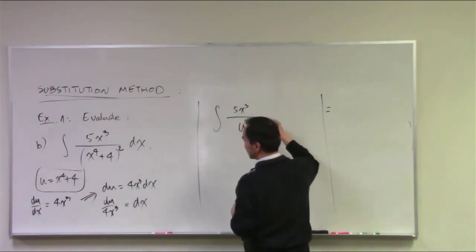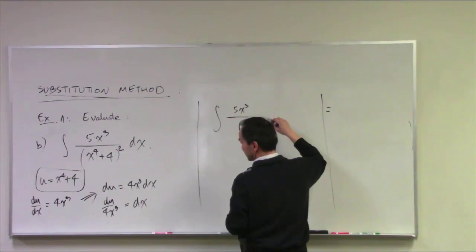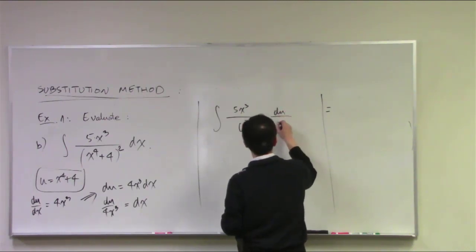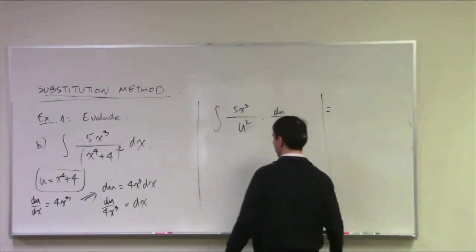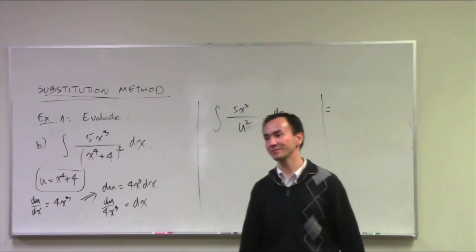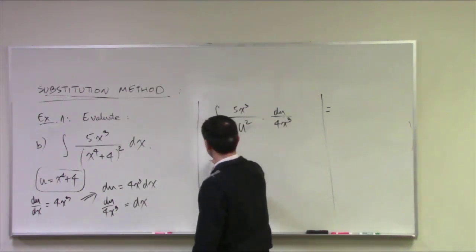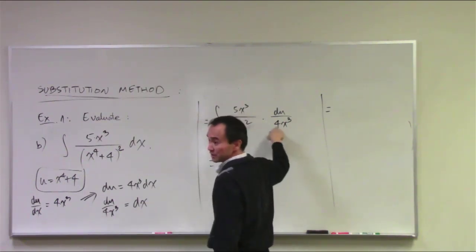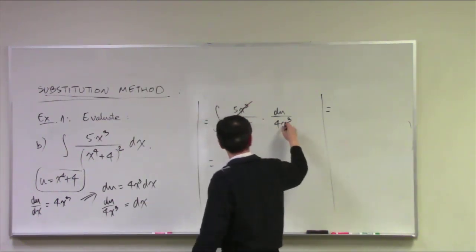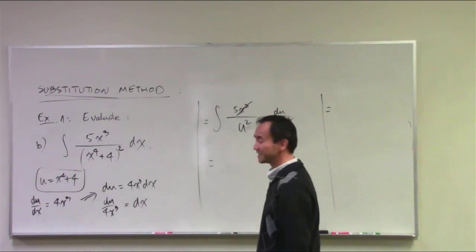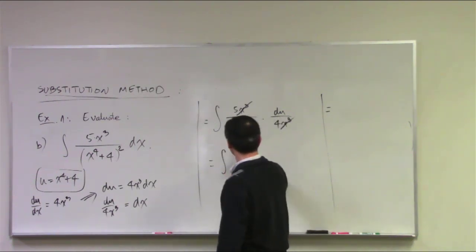And then the dx here gets substituted by du over 4x cubed. So we still got leftover variables, but the good news is it's still going to get canceled away. So now it's turning into 5/4.